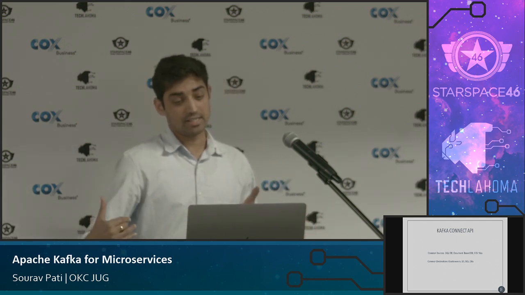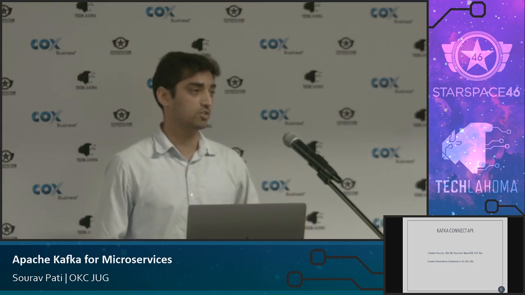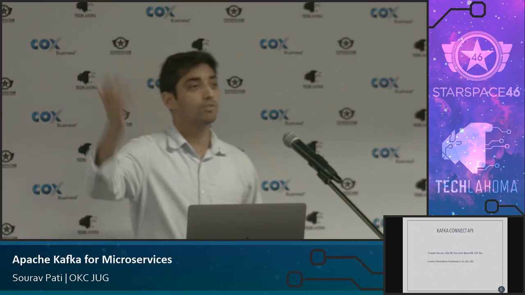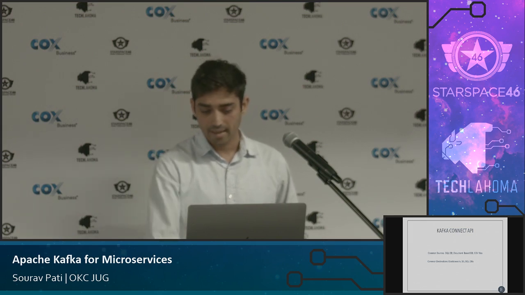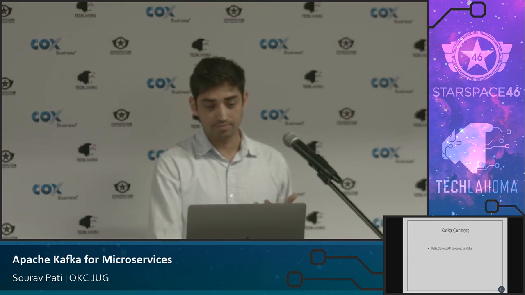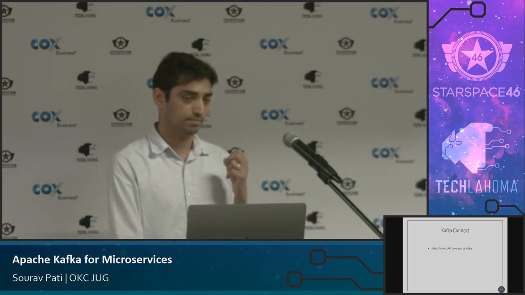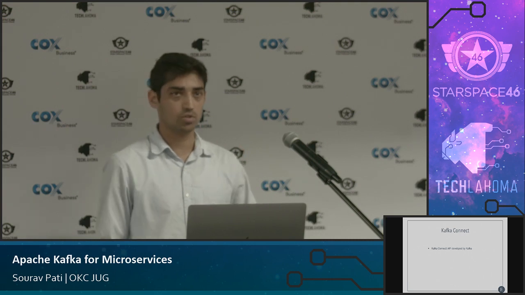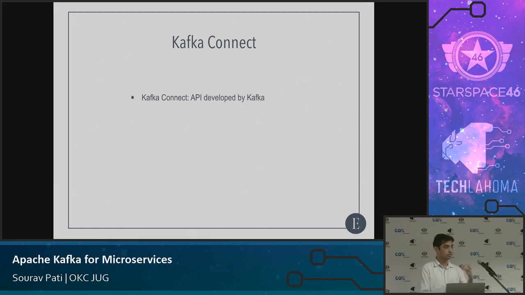Similarly for the destination, you may have an S3 bucket, if you want to store a bunch of files, or a SQL database, or Neo4j, a graph DB, or whatever you want to store data in. Kafka Connect is again an API with a bunch of endpoints. The connectors endpoint is the most commonly used one, where you make a POST request to the connectors endpoint.